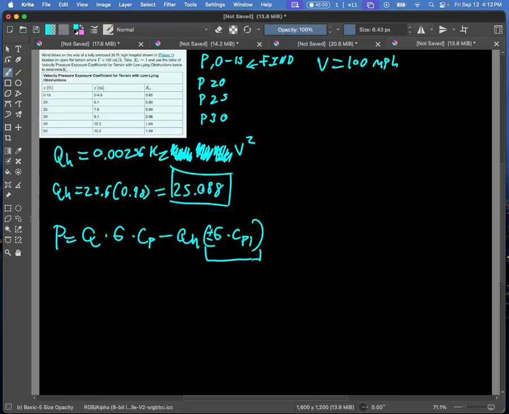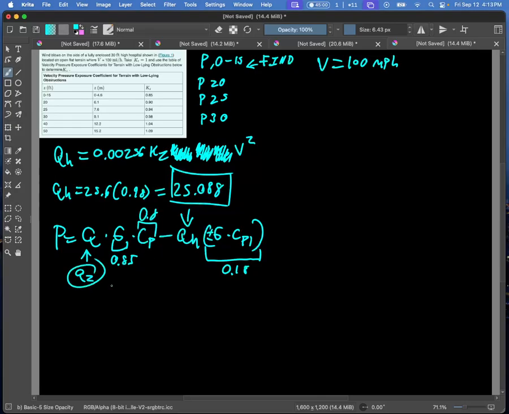We know that this, for a fully enclosed building, should equal 0.18, and the gust factor for open terrain, again, 0.85. For this Q, we actually want to use QZ, and QH we know here. So pretty much we're trying to find, I guess this would be the thing we're trying to find then to get P. No, because it's actually the windward wall. 0.8.